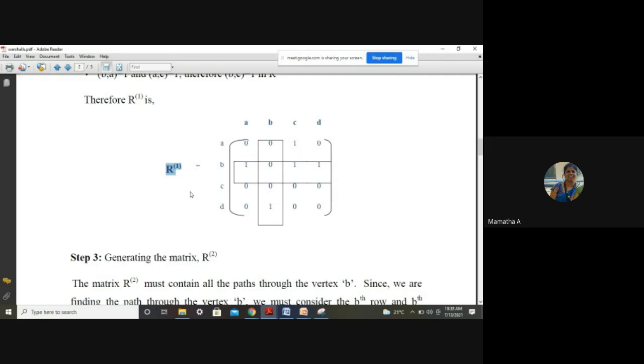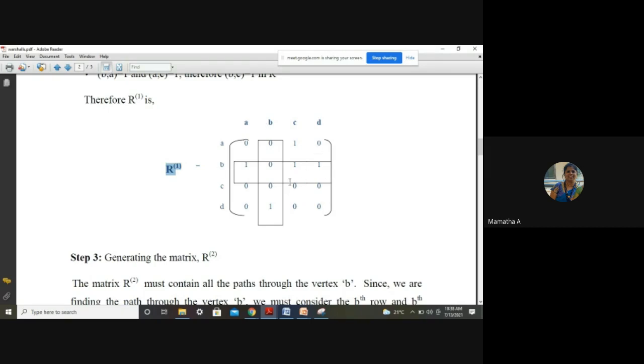In R1, which row and which column? Speak out. B row and B column. The B column, you have to just block it. Why do you have to block it? So that you don't combine with other things. That's the reason. Just block it.